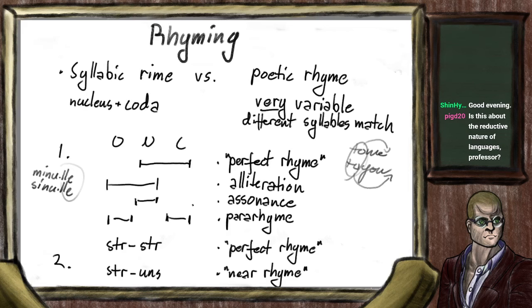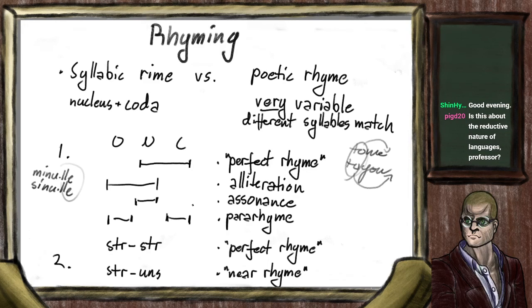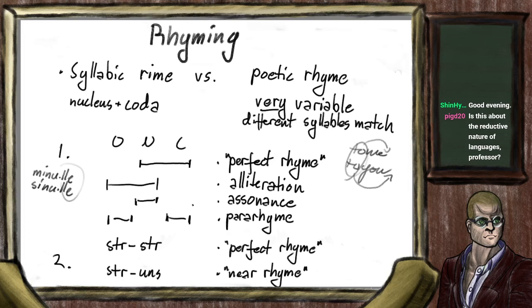These probably work fairly well in English, which has a lot of consonant, vowel, consonant syllables in it. You also have sometimes the distinction between rhyming strong and strong, or stressed and stressed syllables with each other. This is also called a perfect rhyme in English, or rhyming stressed and unstressed syllables, which gets called a near rhyme in English.